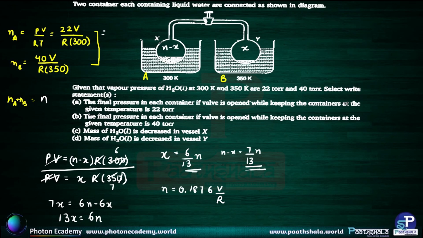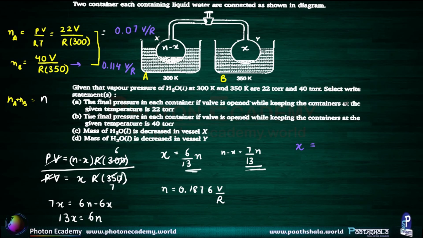Now, if we talk about the number of moles in A, only Na, it initially was 0.073 V divided by R, and for Nb it was 40 divided by 350, that is 0.114 V divided by R. And if we talk about the number of moles in them now, X is basically 6 divided by 13 into N, which is 0.1876.